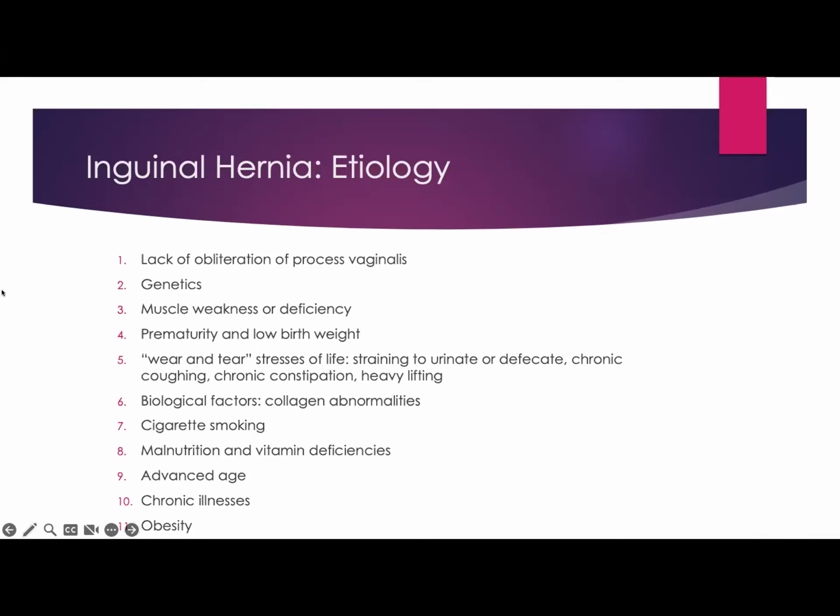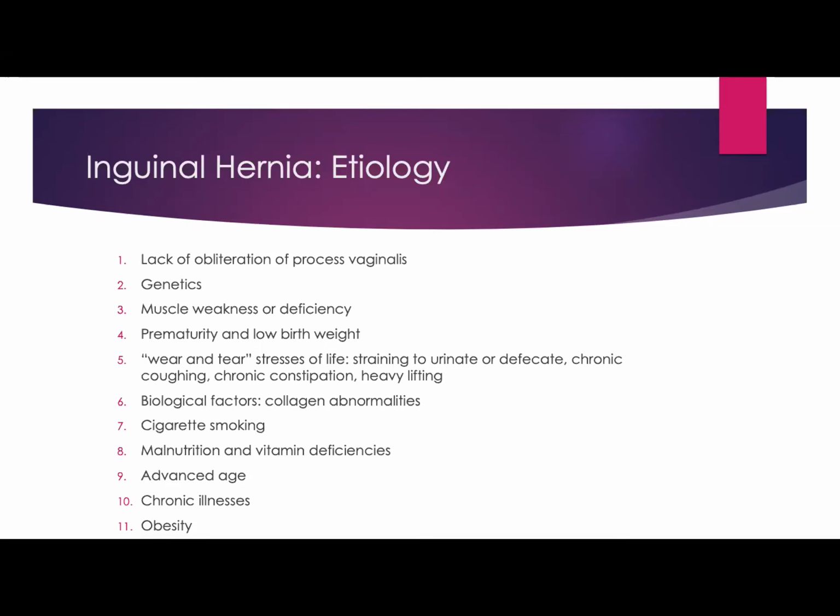Embryologically speaking, we have the lack of obliteration of the processus vaginalis. And the most common cause is the weakness of the transversalis fascia. Always remember that. And these are the other causes that can contribute to the etiology.